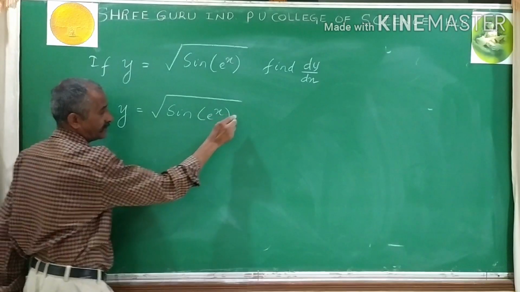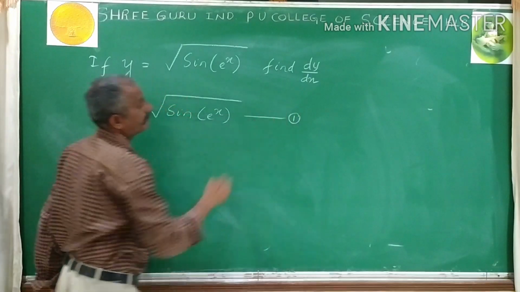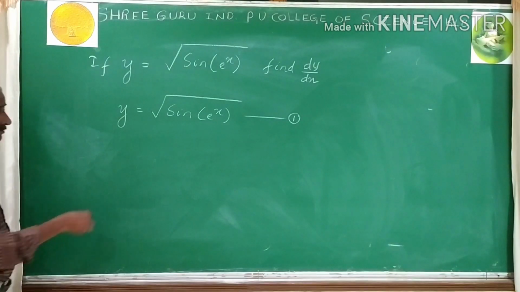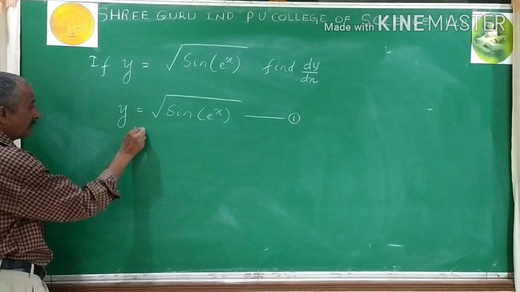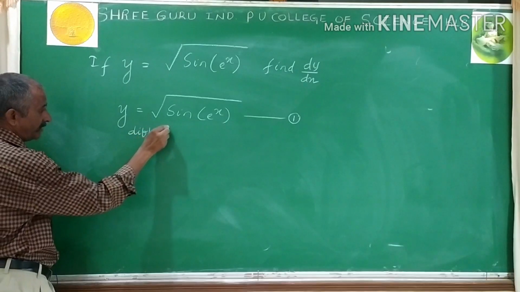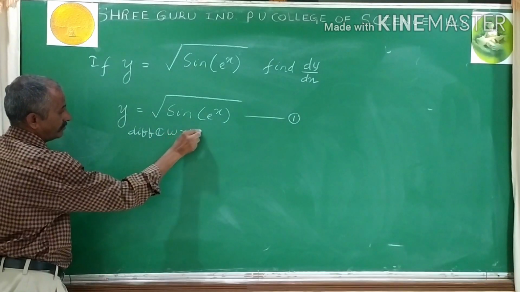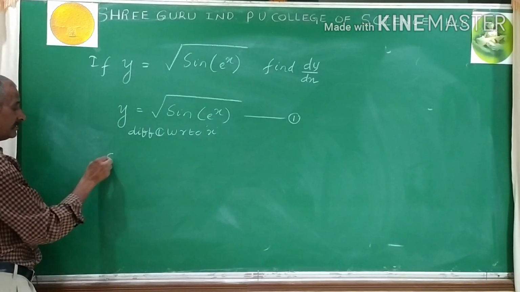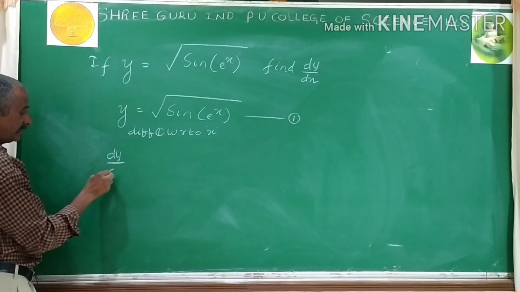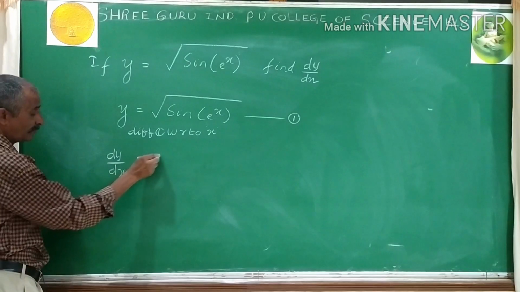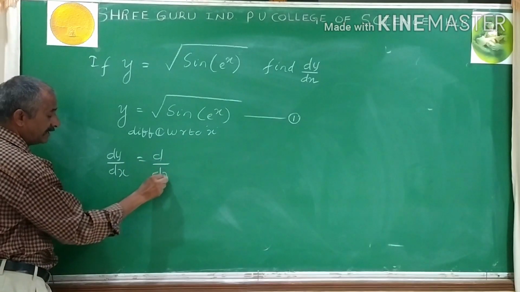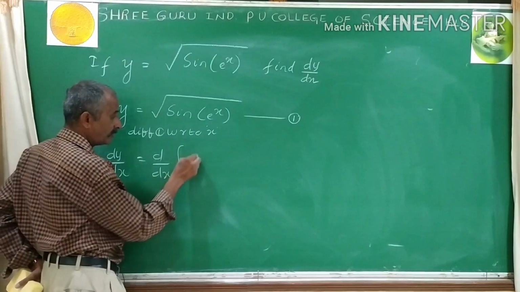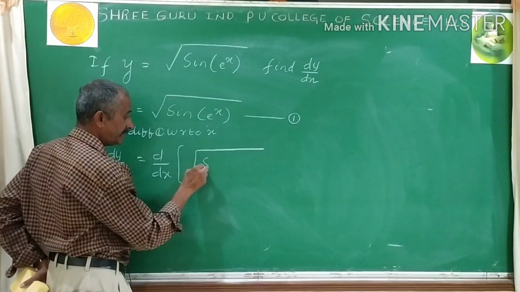We call this as 1. Next, write the word that differentiating 1 with respect to x. Left side dy by dx. Right side in symbolic form, d by dx of the entire function, namely square root of sine of e power x.